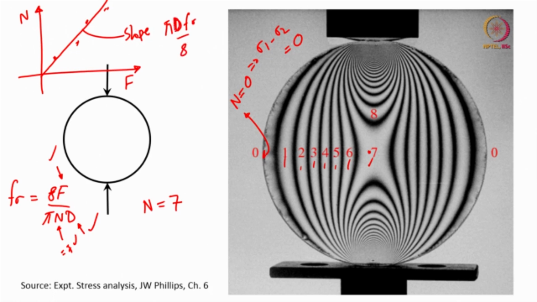Again, you know what pi d by 8 is, because you know d, and you can calculate f sigma. So, you can use this technique for a whole bunch of other things. Once you know what the material constant is, you can use it for bending of cantilever beams, or 3-point bending, fracture toughness estimation, stress intensity estimation, things like that. It is a very standard way to do this.